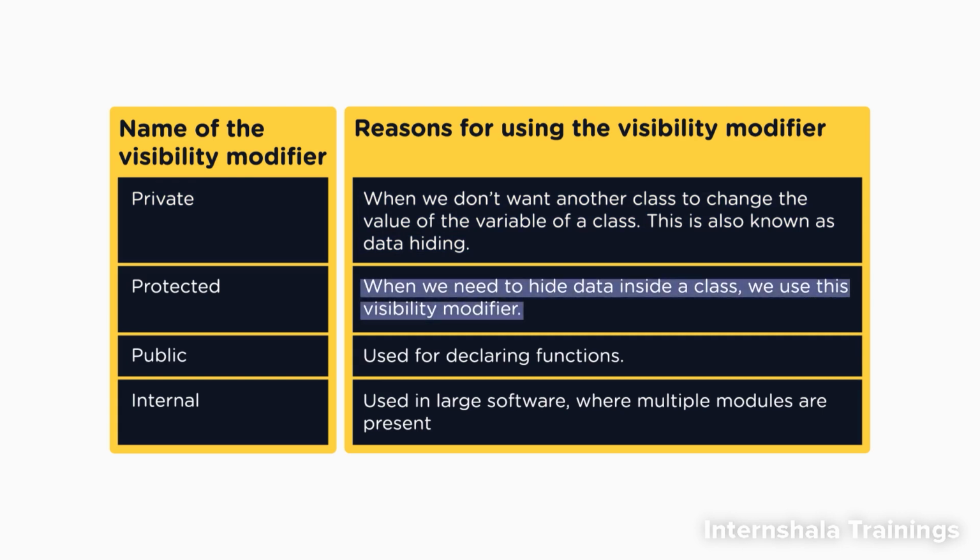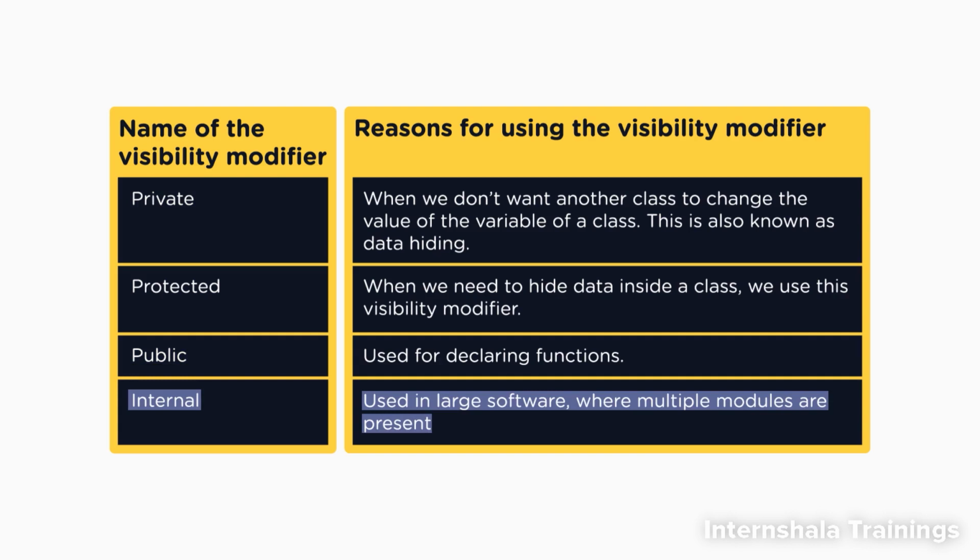Now sometimes, this data hiding is useful within a class as well, and hence the visibility modifier protected becomes important here. Protected is only used for highly private data, and hence it is rarely used. So, the class variables are mostly private while the functions are mostly public.